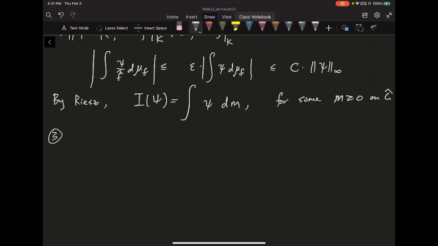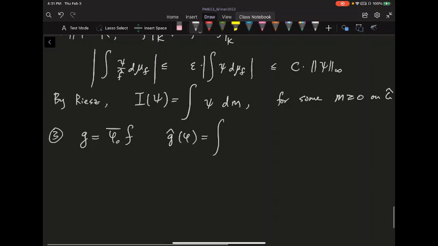So to show the left invariance, let's first observe a few things. First of all, if I have some function, let's say g, and I conjugate on the left by some character, so I conjugate by φ₀. Then if you consider the ĝ of this φ, what it does is essentially you can write the formula.